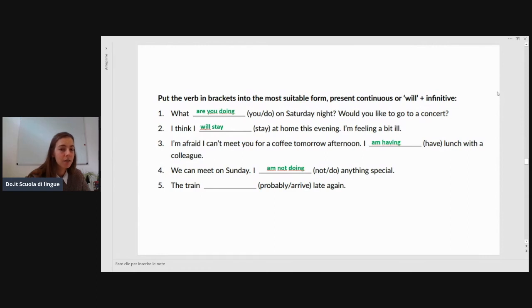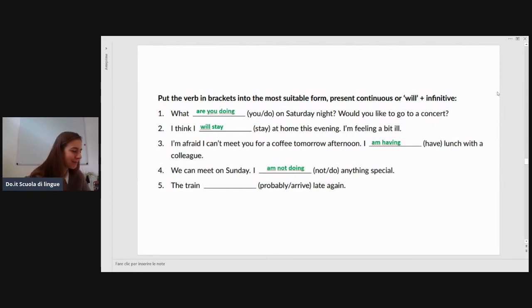The train is arriving late again, or the train will probably arrive late again. Pensate che c'è probably. Appena usiamo probably, noi ci buttiamo un po' di sfumatura soggettiva. This is a hint, questo è abbastanza di aiuto da parte mia, right?